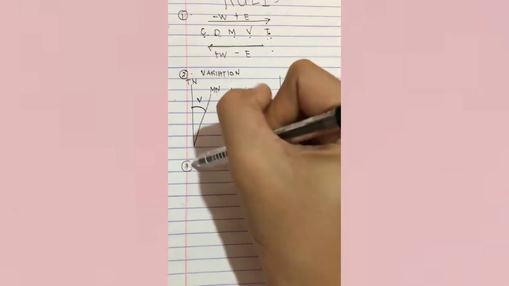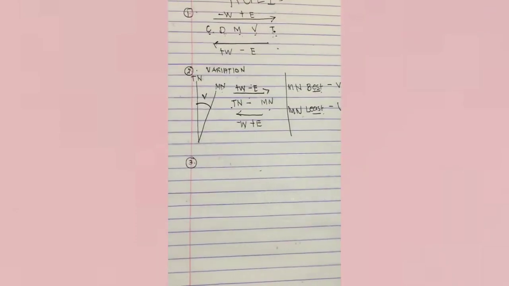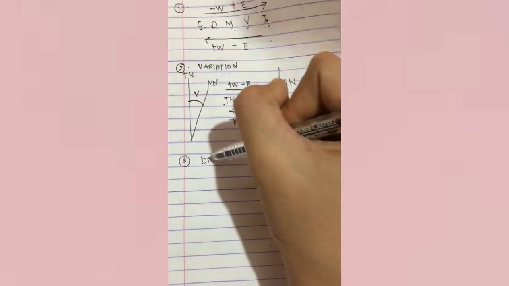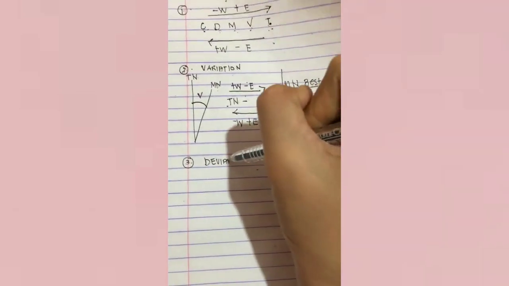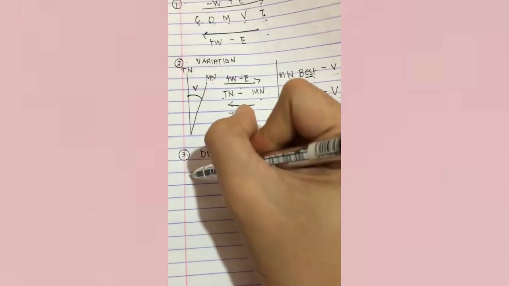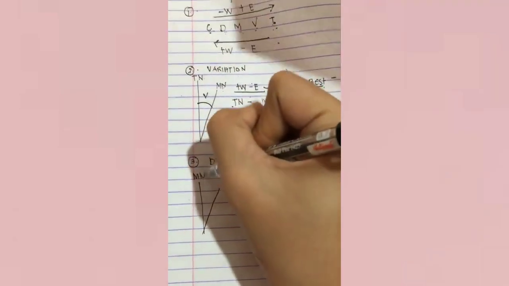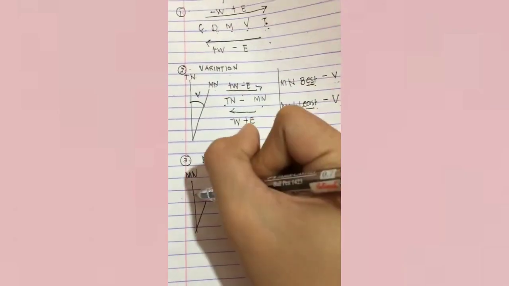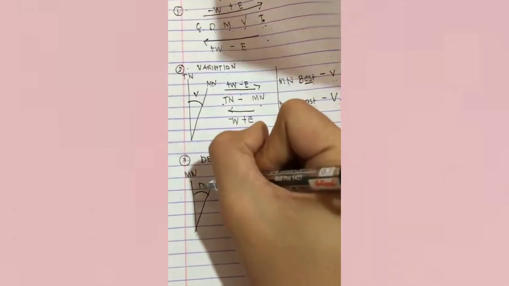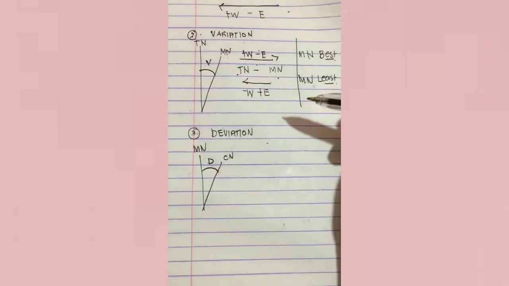How about the third rule? The third rule is about deviation. As we all know, deviation is the angle between magnetic north to compass north. So this angle here is what we call the deviation.